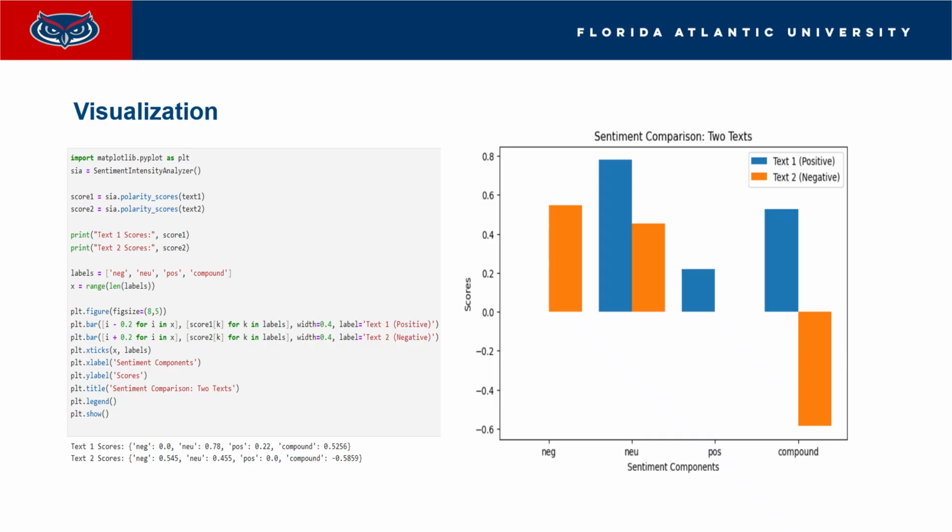For example, here in our text, you can see the comparison of the two text results. You can see the compound values of both the texts. One can easily tell that I have used one positive and one negative text, shown by the bar chart.